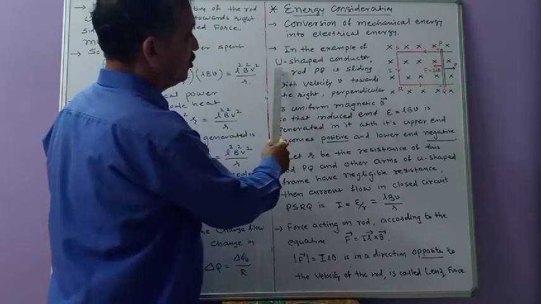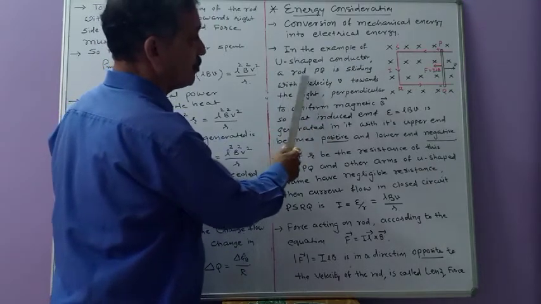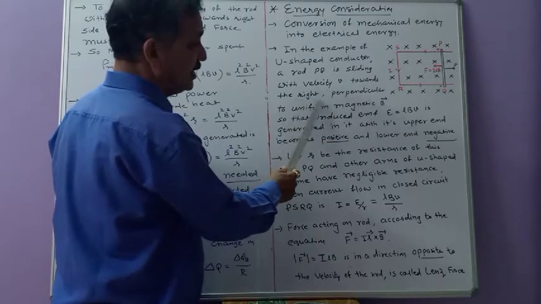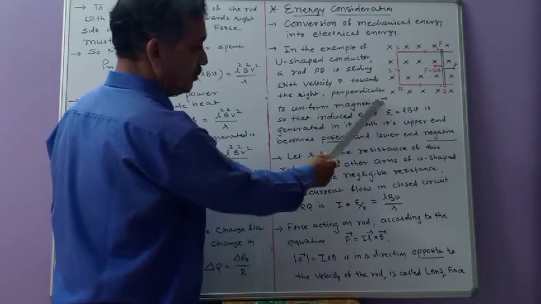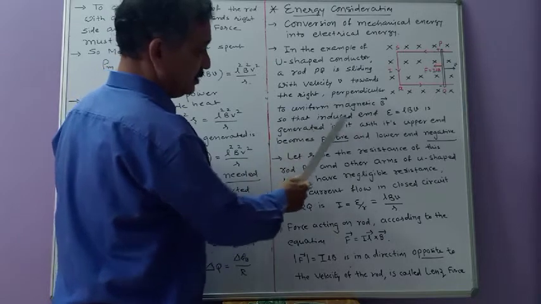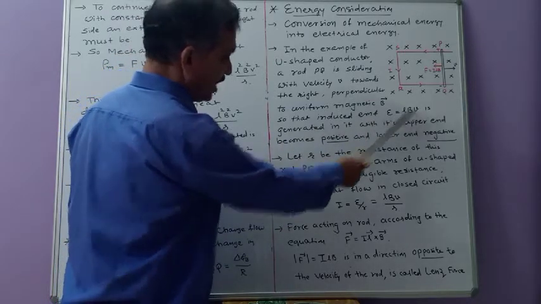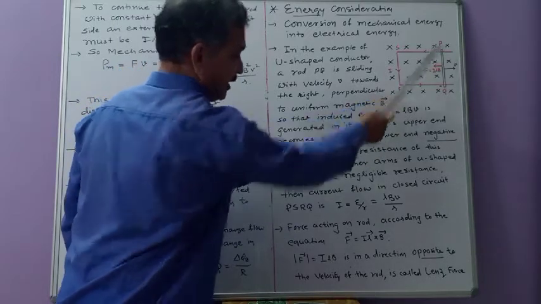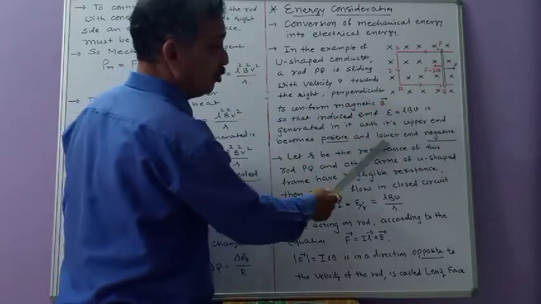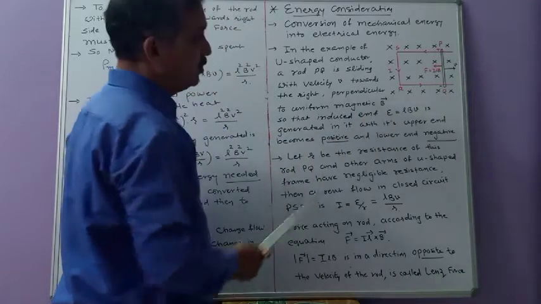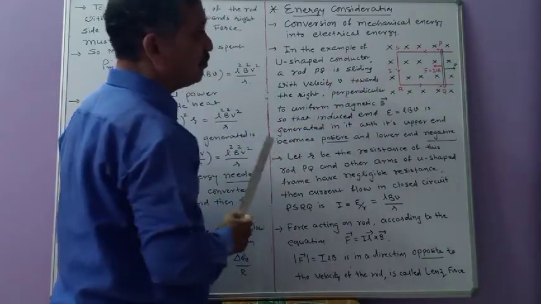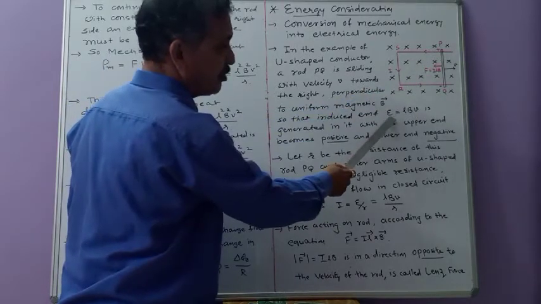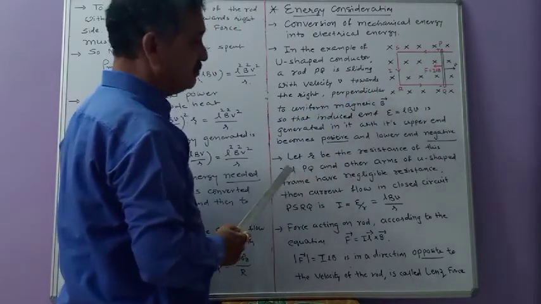In the example of the U-shaped conductor, rod PQ is sliding with velocity v towards the right side, perpendicular to uniform magnetic field B, so that induced EMF E equal to LBv is generated in it, with its upper end positive and lower end negative. Now this is a closed circuit PSRQ. This rod PQ behaves like a battery of E equal to LBv.